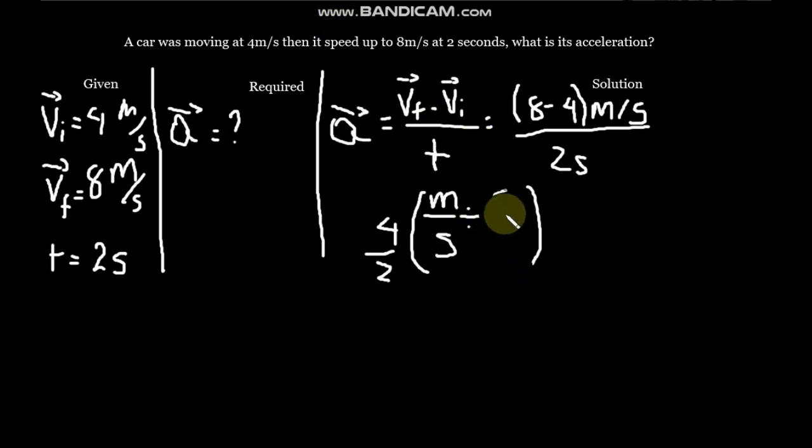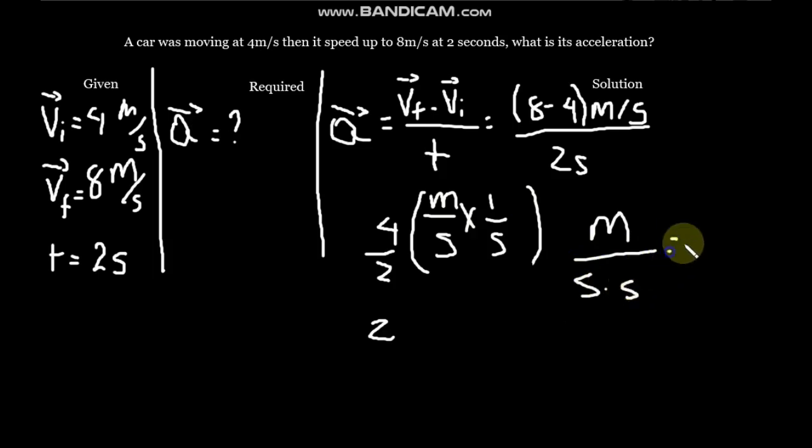So the reciprocal of second is 1 over second. So this becomes 4 over 2 is 2, and meter times 1 is meter itself over second times second, which is meter per second squared.